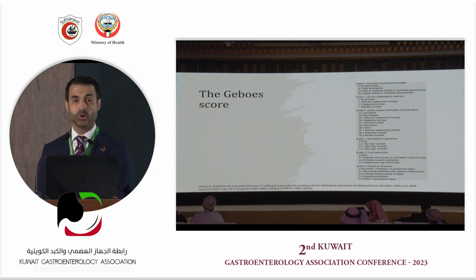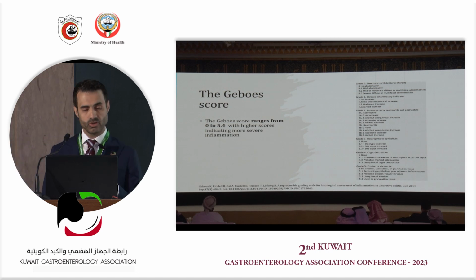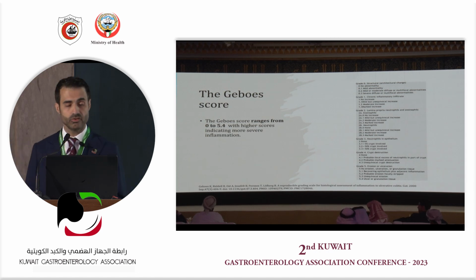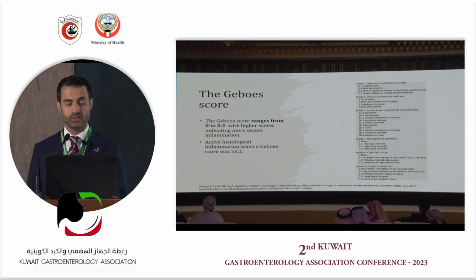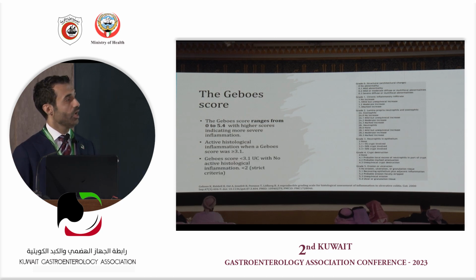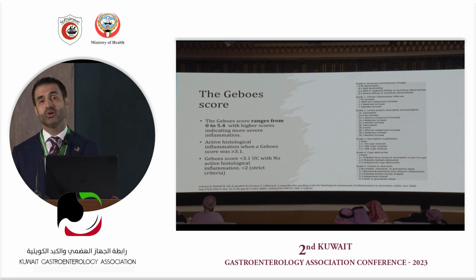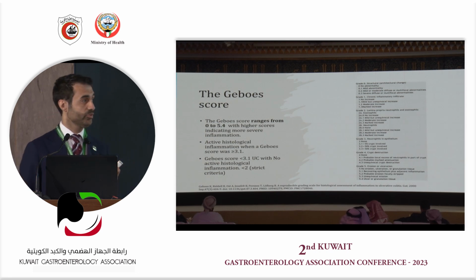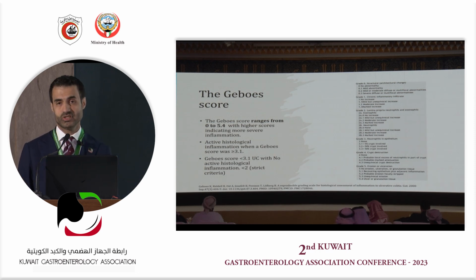Then the GHAS score, which is the commonly used one, but not the recommended one. We'll talk about it. It ranges from 0 to 5.4, with higher values indicating more severe disease, and usually it depends on the study you read. Histological activity is a GHAS score more than 3.1, and histology with no activity is less than 3.1, and some studies use a GHAS score less than 2 as a strict criterion for remission.